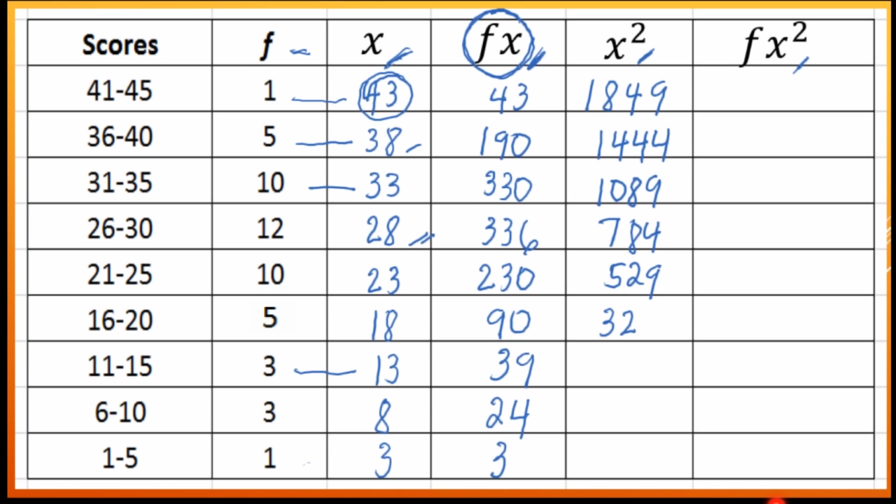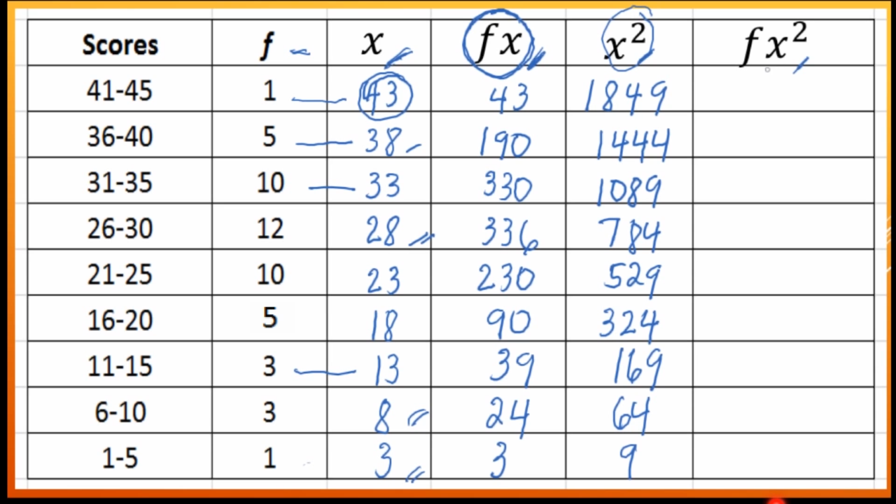So we will also have 324 and 169, and 8 times 8 is 64. And of course, for the lowest class, 3 times 3 is 9. So we have now completed the column x squared.